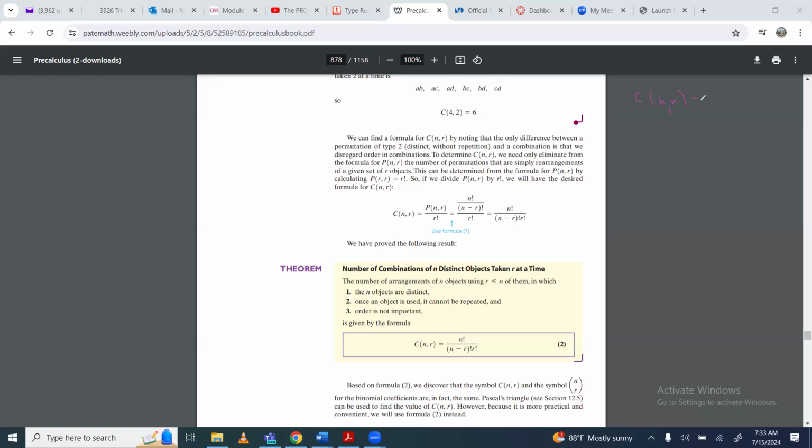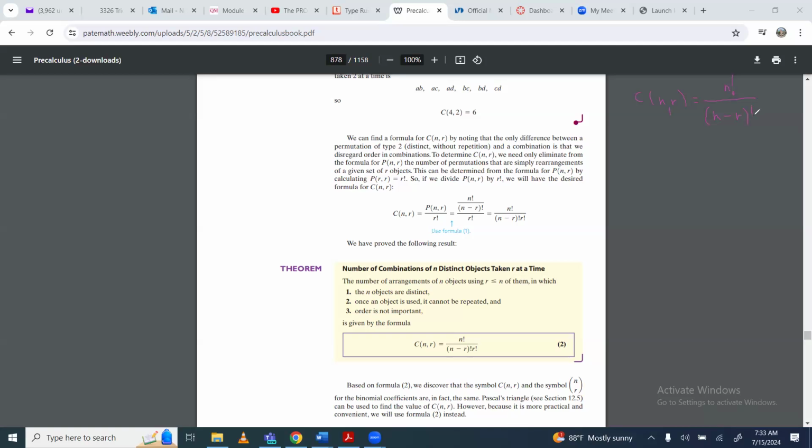In other words, do not permute, not have any permutations. So the formula for permutations looks like n factorial over (n minus r) factorial. We preferably use a calculator for that.